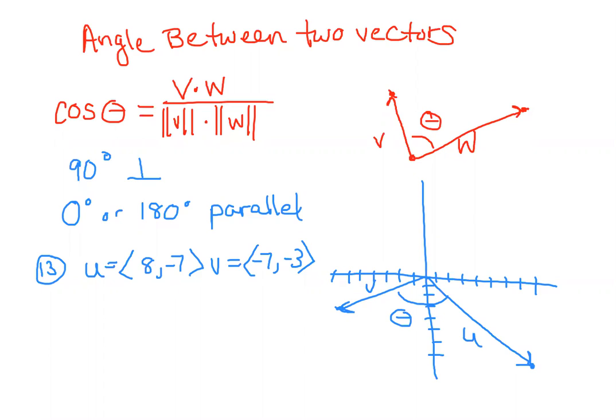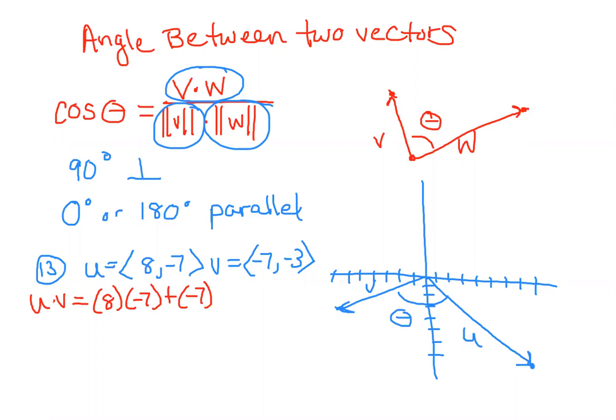So in order to do that, we need their dot product and we need to find the magnitude of each. So let's start by finding the dot product. That's going to be 8 times -7 plus -7 times -3, and that equals -56 plus 21, which equals -35.